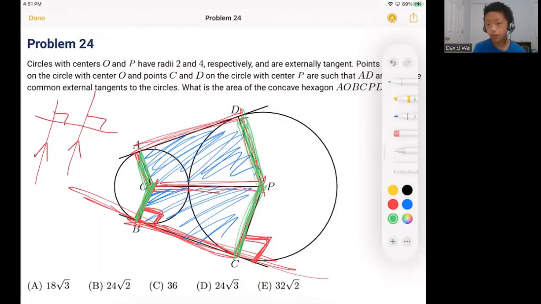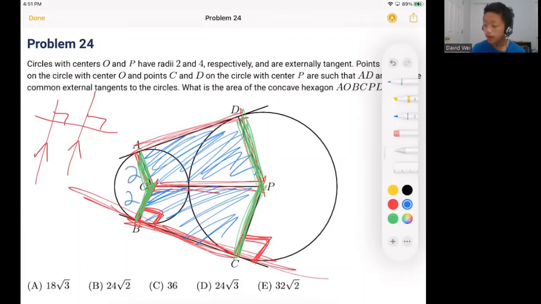So basically, we just need to find the area of a trapezoid, and we know how to do that. Remember that the area of a trapezoid is: you take the length of the two bases, take their average, and then multiply by the height of the trapezoid. We know that the radius of this circle is 2, so this is 2, 2.